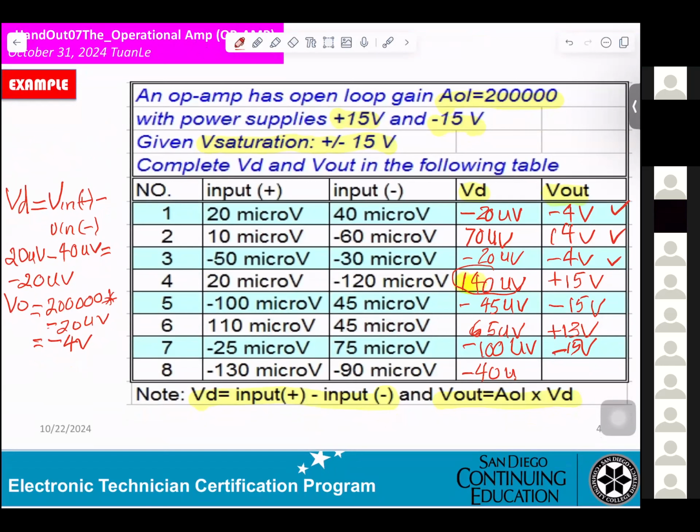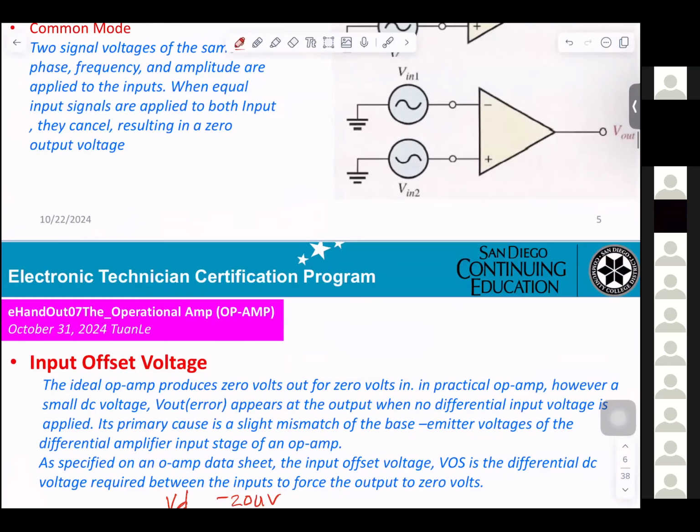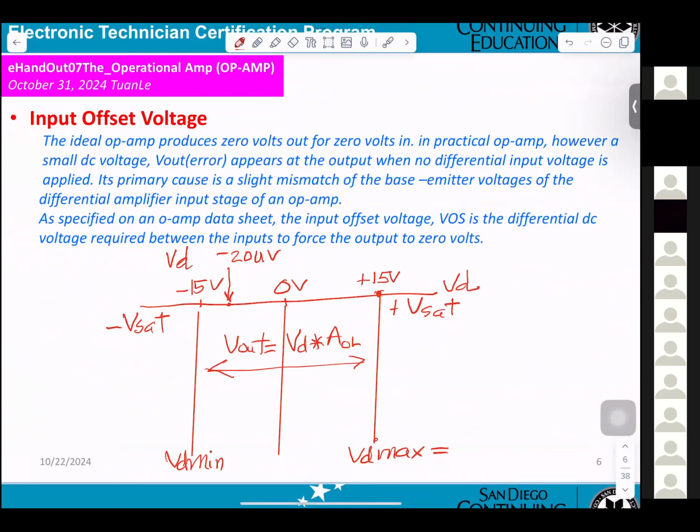If you get 20 microvolt, let's see what Vout is. VD equals V in positive minus V in negative. If we calculate it, we get Vout minus 4 volt, so 4 volt will be in here.